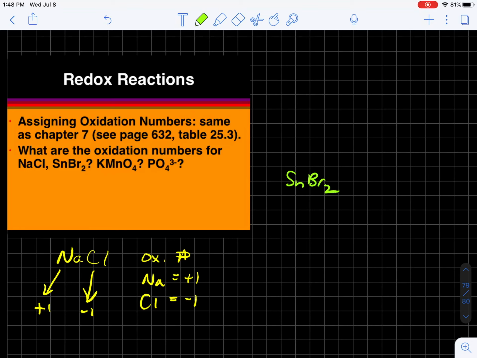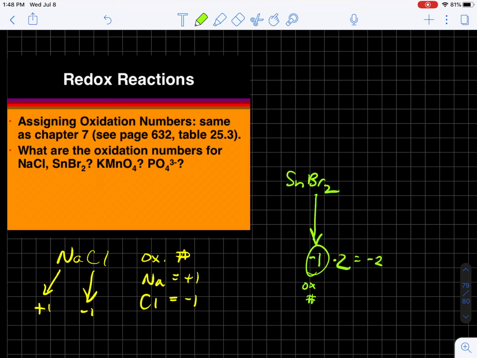Now with the second example, tin bromide, this is tin 2 bromide. Now you have to use a little bit of algebra. So do understand that total charge is not the oxidation number, so we're going to make a distinction here. If you look up bromine, group 17, its oxidation number is negative 1.